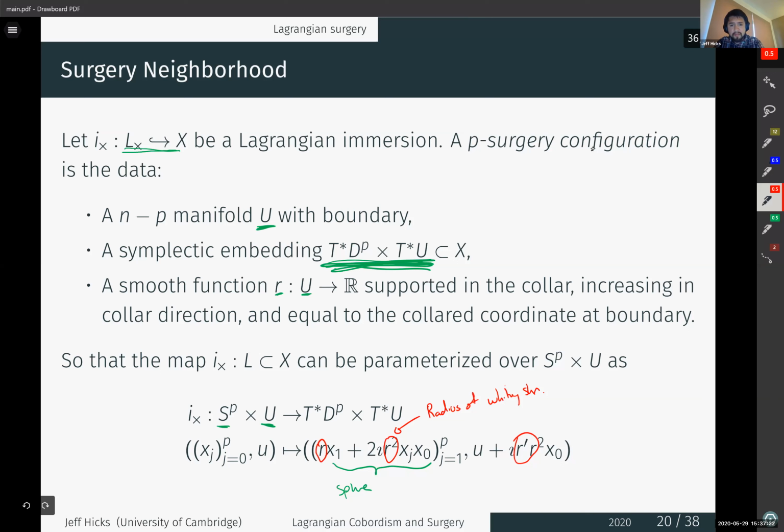So this is describing a certain type of neighborhood where you see a certain family of Whitney spheres. And this is the type of thing that we're going to be able to surger or often replace.